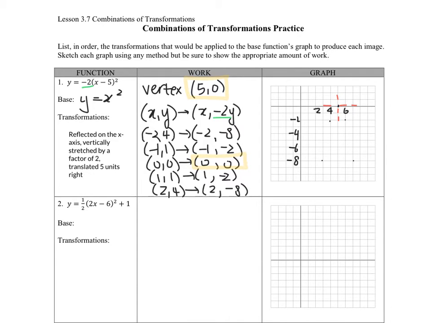And then 2, negative 8 would be down here. And then we can create our graph now. Now let's draw our parabola, like so.